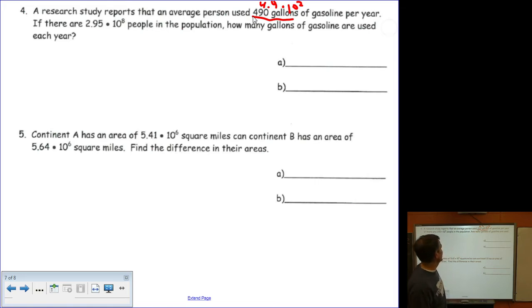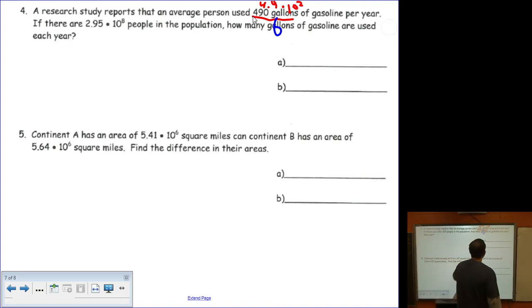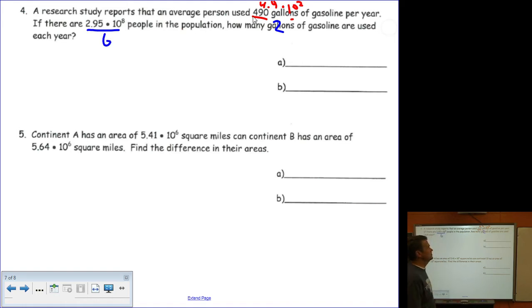A research study reports that an average person used 6 gallons of gasoline per year. If there are, oh, I'm wrong again. Got to put 2 in for the smaller number. 2 gallons of gasoline per year. If there are 6 people in the population, how many gallons of gasoline are used each year?